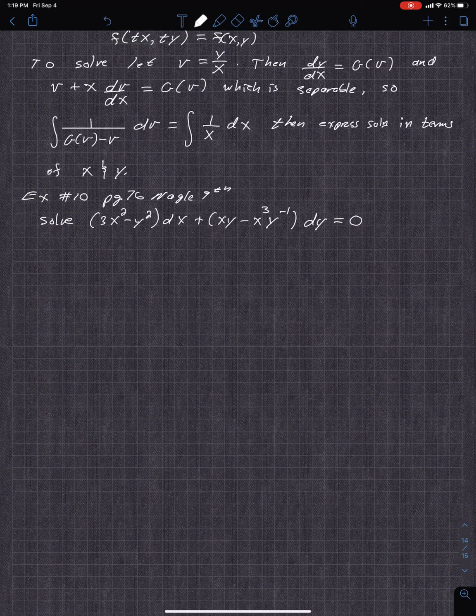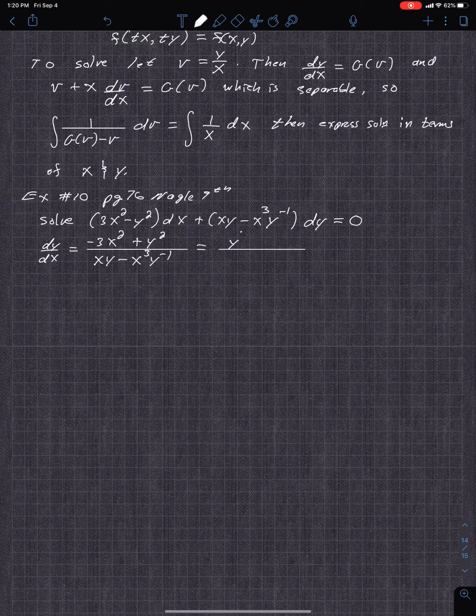If you simplify that and make it separable, then you can do the substitution. So you rewrite this as dy/dx equal to negative 3x squared plus y squared over xy minus x cubed y to the negative 1. Simplify that a bit.